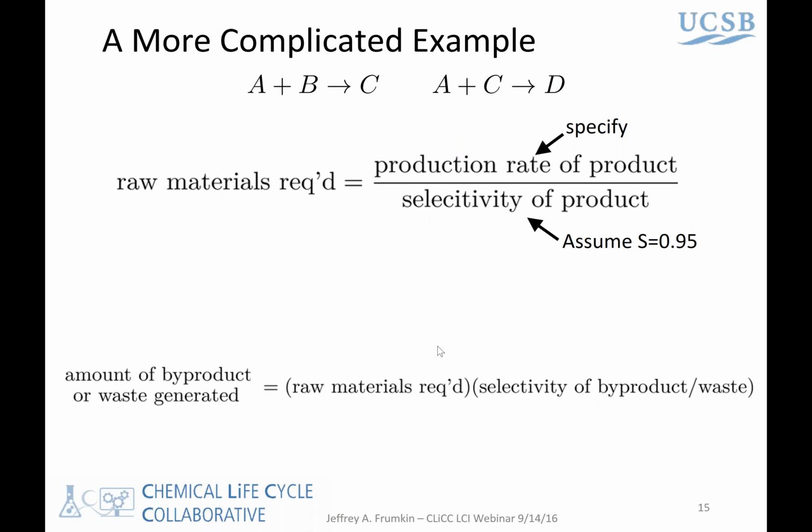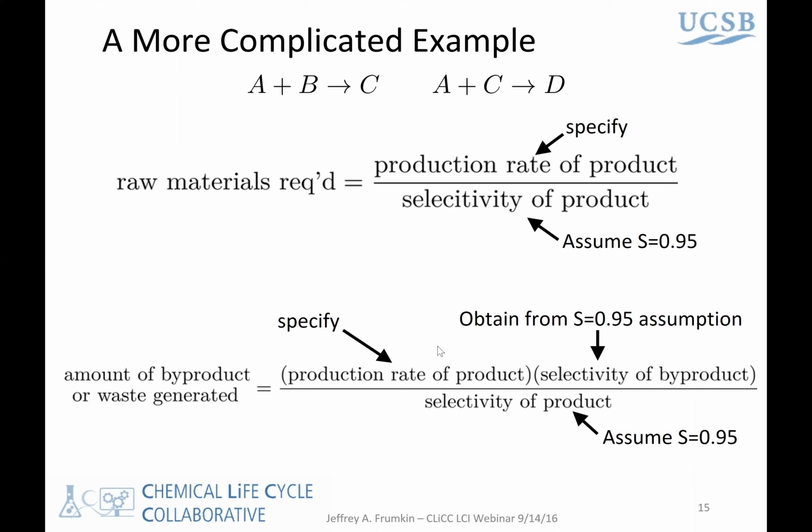Similarly, we can calculate the amount of a byproduct or waste that's generated as the amount of raw materials required times the selectivity of that byproduct or waste. So the fraction of the raw materials that go to that byproduct or waste. We can do some simplification.